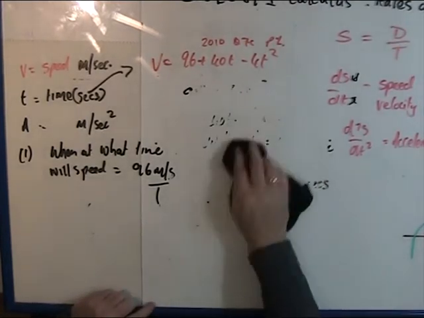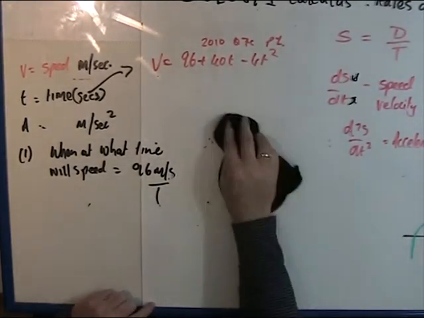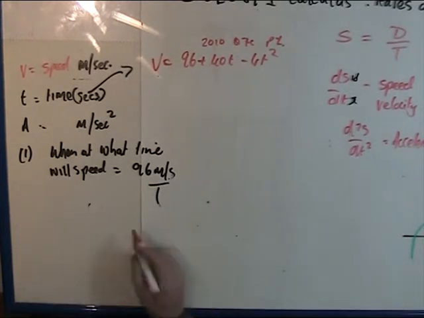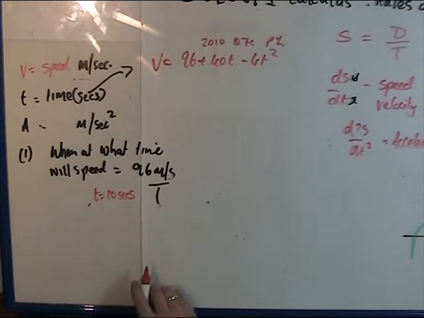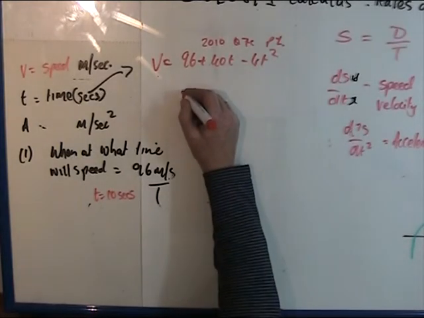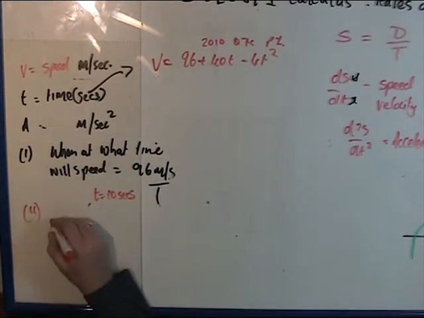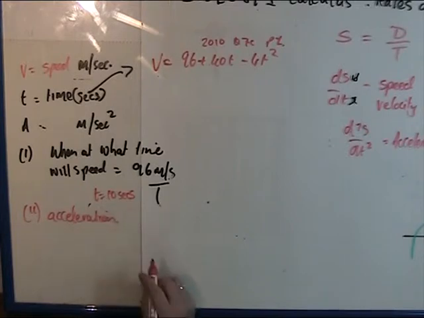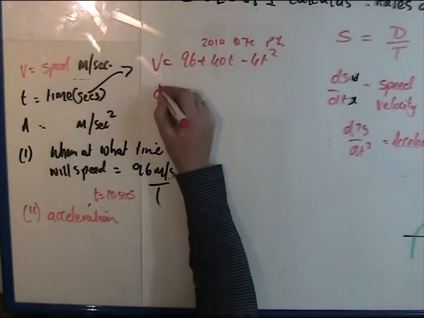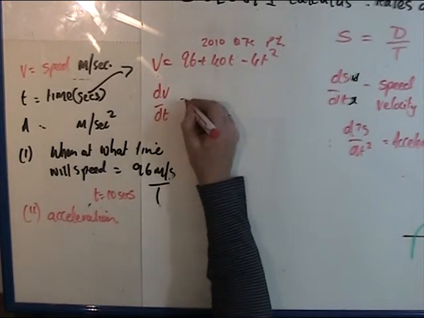Right. So that was t equals 10 seconds. Now part 2 asks for the acceleration. Once it mentions acceleration, you know you have to get the second derivative of this.